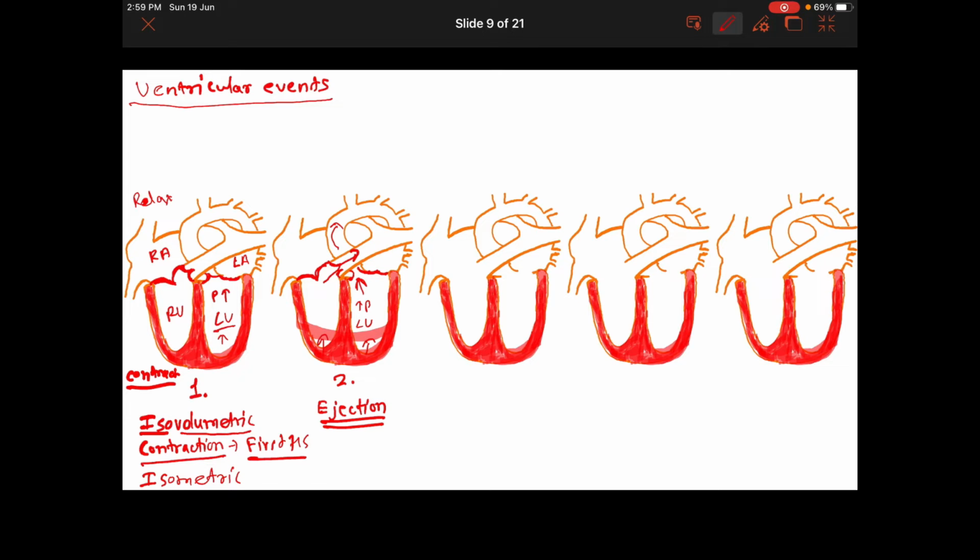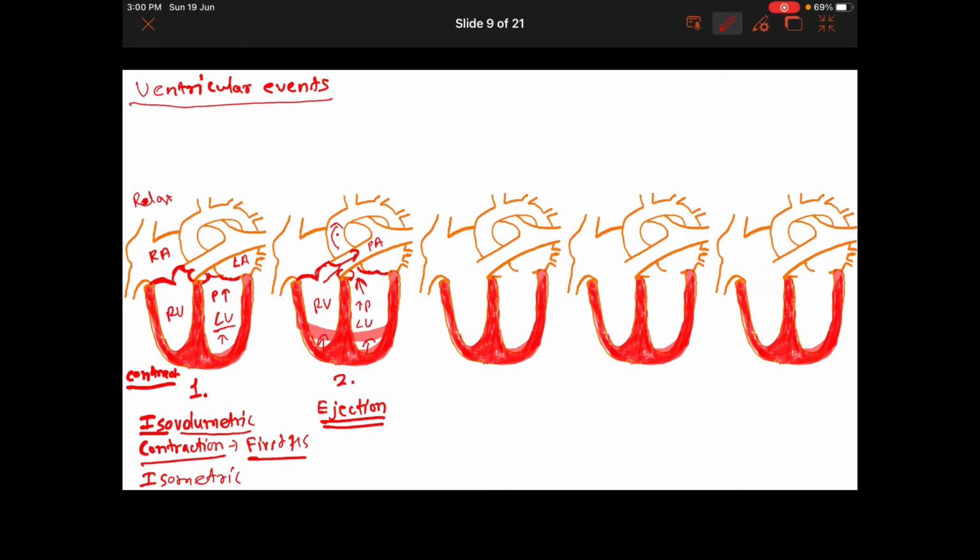Here the pressure inside the left ventricle will increase and become more than the aorta, and thus it will push the aortic valve, and the blood will get ejected from the left ventricle into the aorta. Same with the right ventricle and the pulmonary artery: blood will push the pulmonary valve and rapidly flow from the right ventricle into the pulmonary artery.